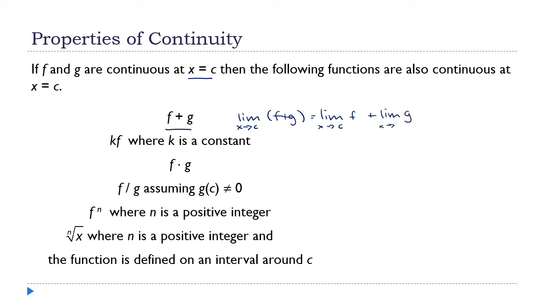But because we're assuming f and g are continuous, these limits must exist. The first one is f of c, and the second one is g of c, and this is just f plus g of c. So all of these follow in a very similar way, playing off of the corresponding limit properties.